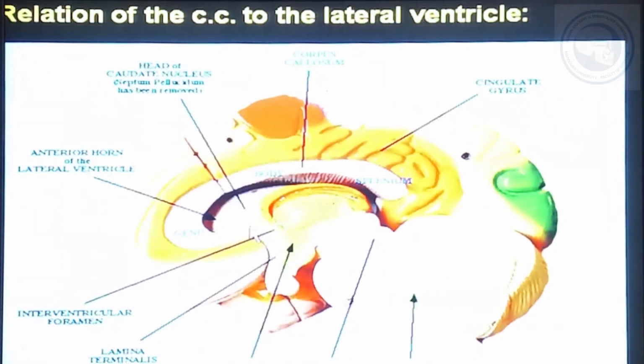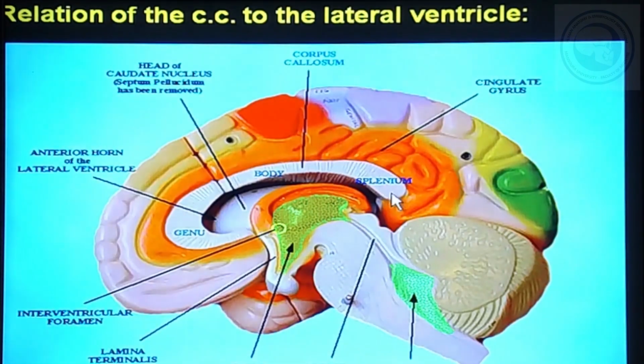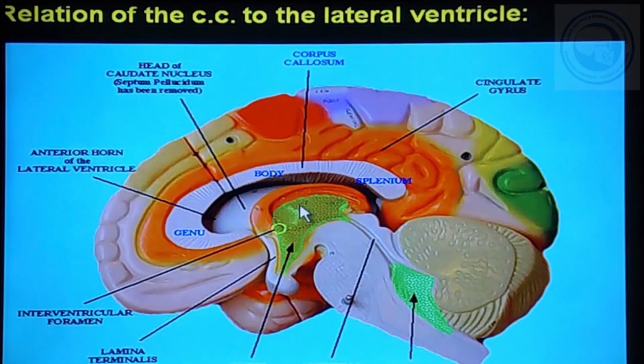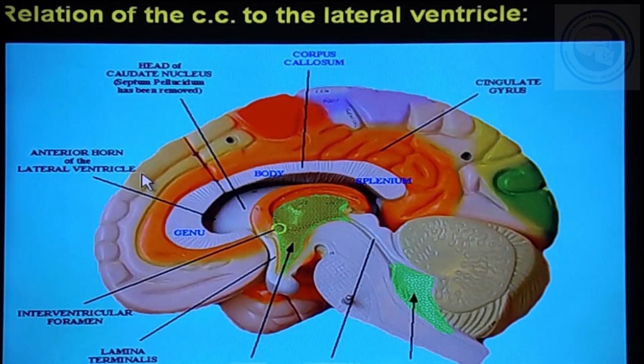What about relation of the corpus callosum to the lateral ventricle? These are the four parts of the corpus callosum. Here we remove the midline septum, which is called septum pellucidum, and so this cavity will be the lateral ventricle. We will find this is the site of the anterior horn, and we will find that the anterior horn is related to three parts of corpus callosum. We will find the rostrum forming its floor.